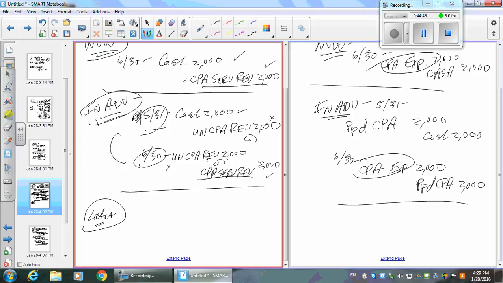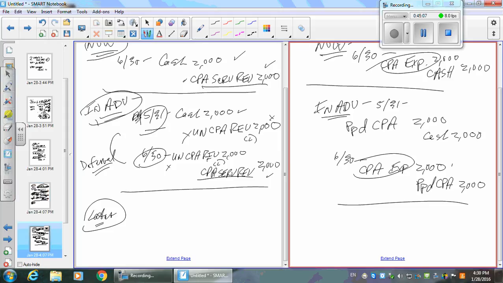What are we deferring, by the way? The cash or the revenue? We're deferring the revenue. That's a deferred revenue account. So this is a deferral, which is also a liability, right? Yes. In that case, it's a liability. What am I deferring here? I'm deferring the expense, that $2,000 of expense.